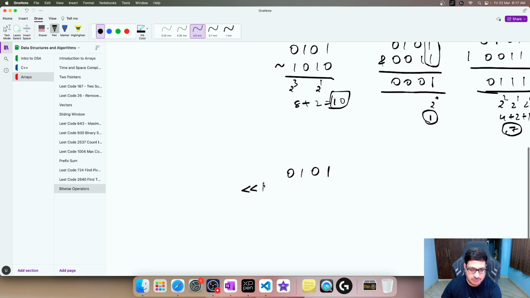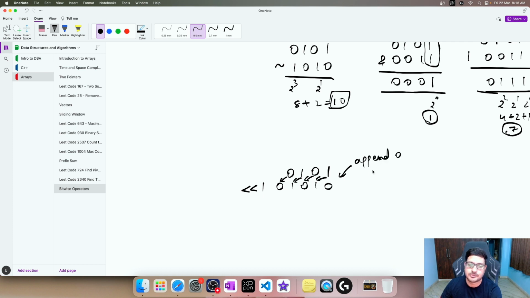When we do left shift by 1, it means move every bit to the left. So the resulting number will be like this: 0, 1, 0, 1, which means that everything is left shifted by 1 bit like this. And because we cannot leave this empty, we will append a 0. Okay, we have appended a 0.